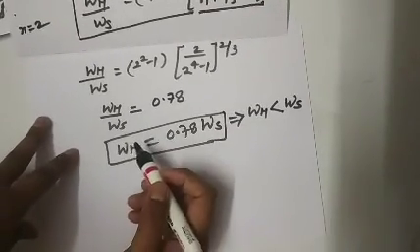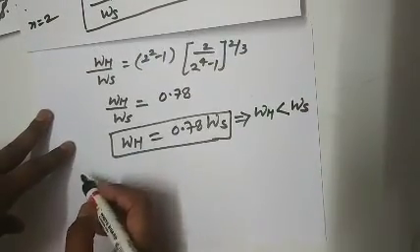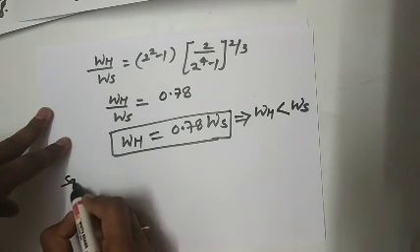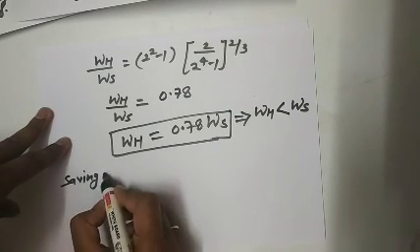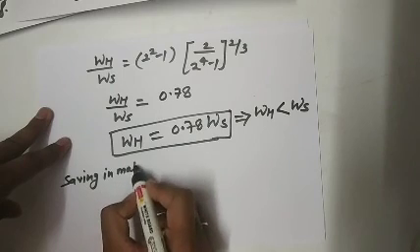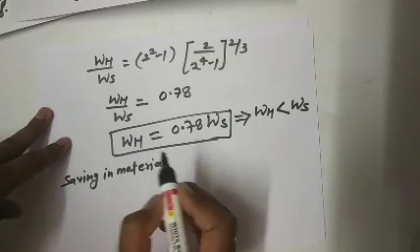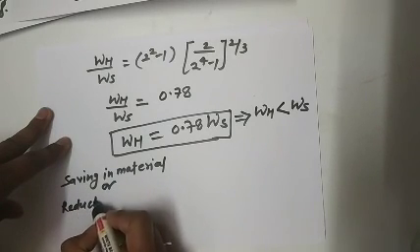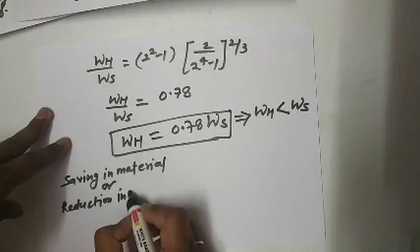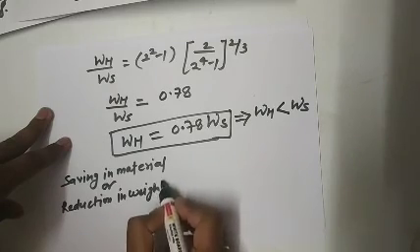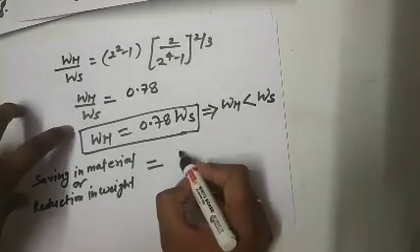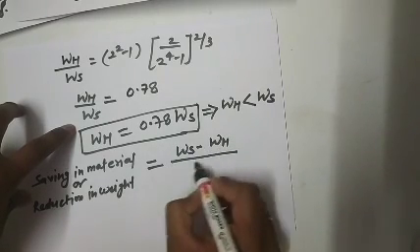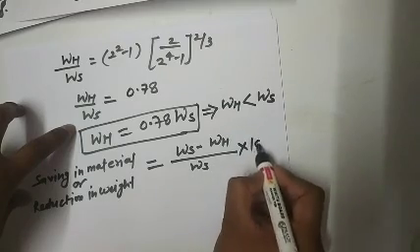From this expression, in numerical problems, we calculate the value of saving in material, or it is also known as reduction in weight, and this term is equal to (weight of solid shaft minus weight of hollow shaft) upon weight of solid shaft into 100, right?